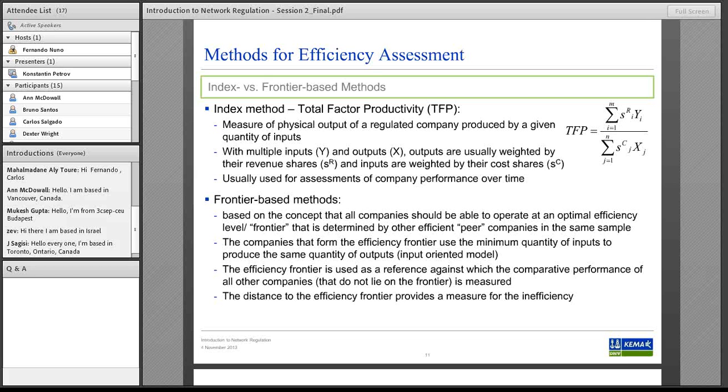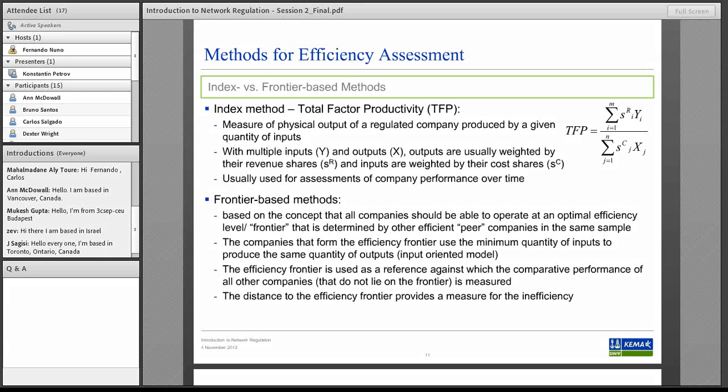This will be actually more really ratios belonging to the first group, to the partial, to the unidimensional models.